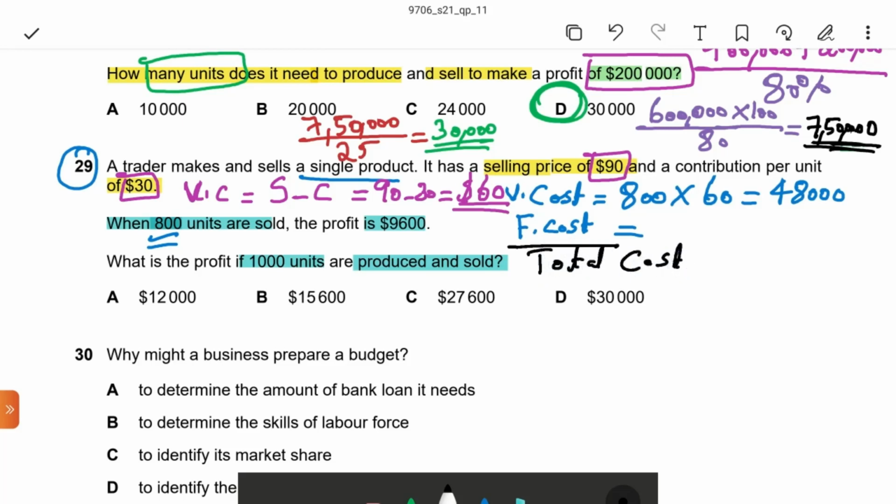So what is the total cost to produce 800 units? We don't know the cost, but here they have given the profit, 9,600. Here they have given 1000 units when they are producing. Variable cost we got 48,000.